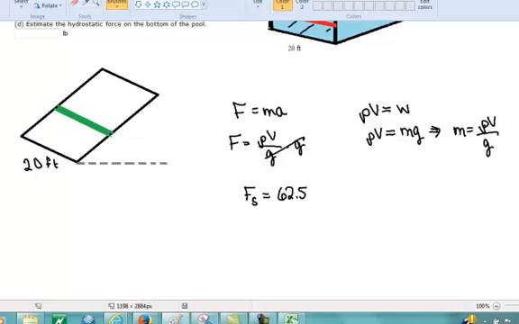How deep it is is the height of the water pressing on it. So for now, I'll just write length times width times height. So the height is the same as the strip depth, because that's the height of the column of water.